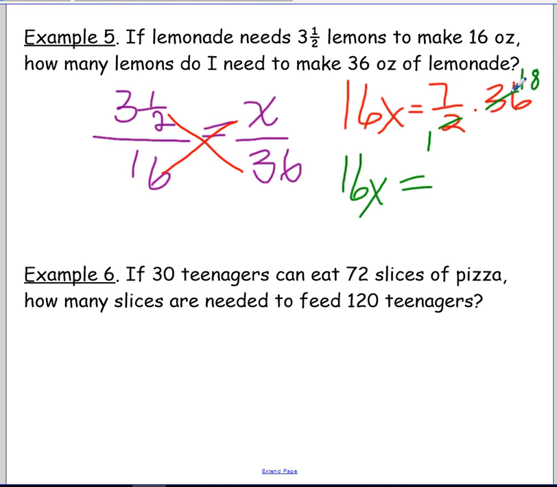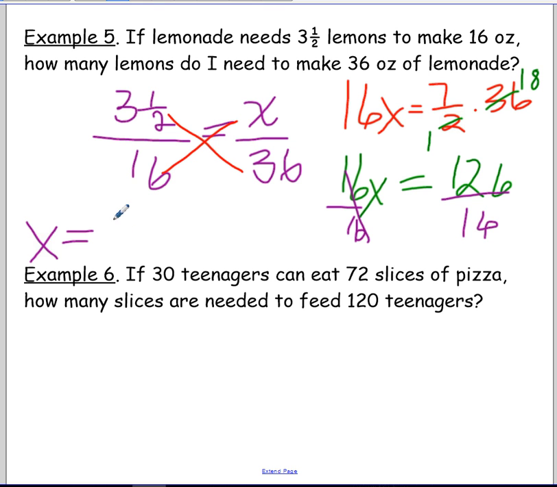And so all we need to do is 7 times 18, and that will give us 126. And then we'll divide the 16 off of both sides to get x by itself. And so we have x equals 126 over 16, which simplifies down to 63 over 8.